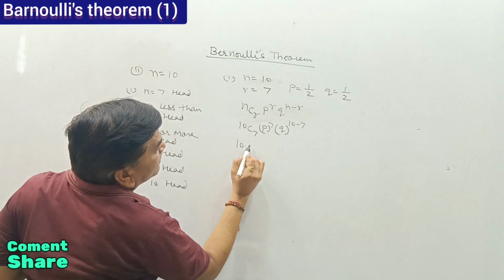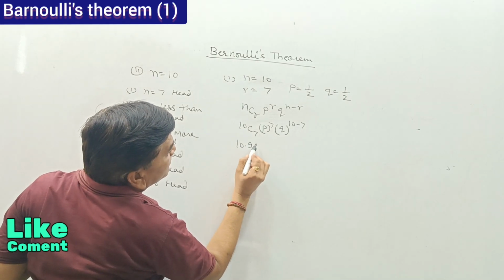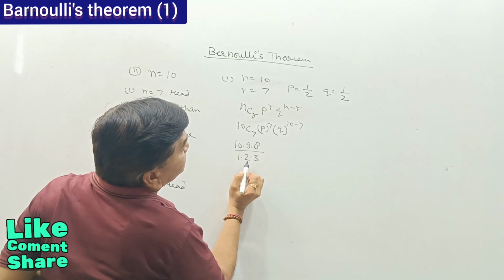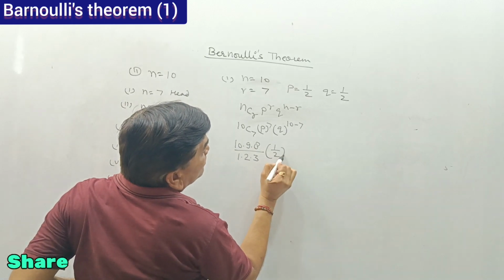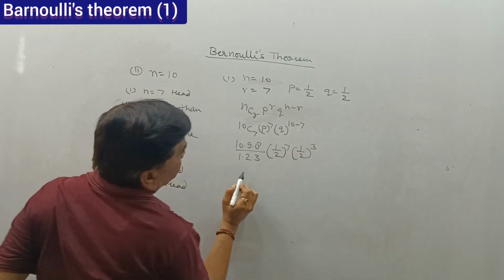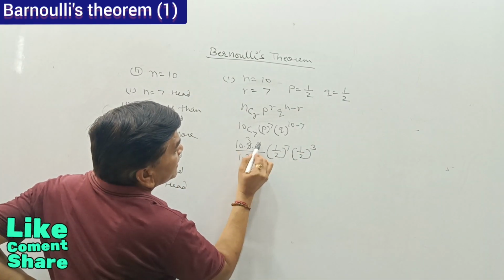So 10 multiply 9 multiply 8 divided by 1 multiply 2 multiply 3, times 1 by 2 raised to power 7 and 1 by 2 raised to power 10 minus 7, that is 3. So 3 3 is 9, this is 4.